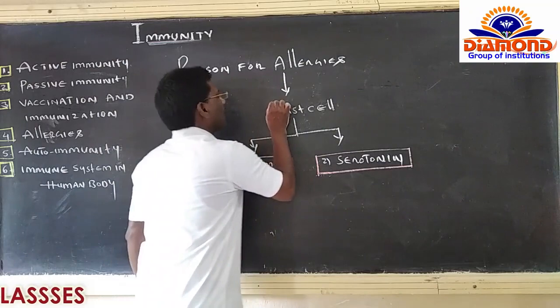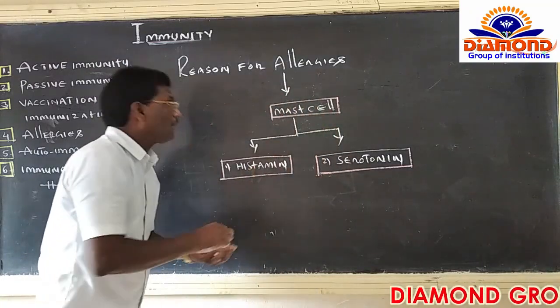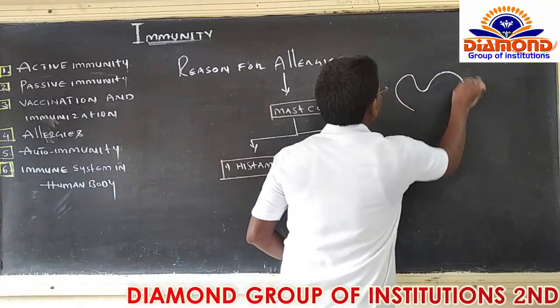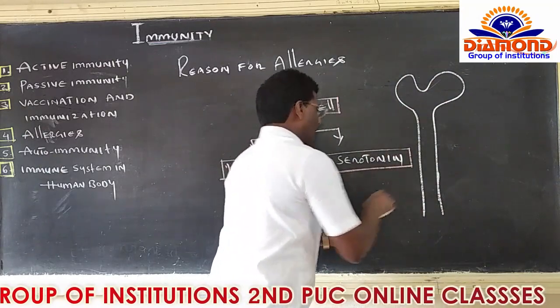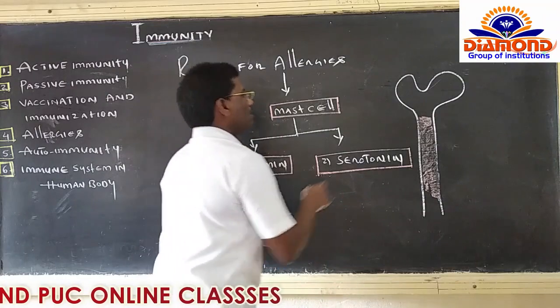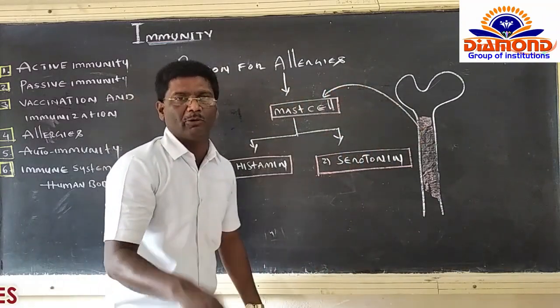After allergens enter our body, mast cells are present there. Actually, what is meant by mast cell? Mast cells are produced inside the bone marrow only. This is bone, and inside the bone marrow there is production of mast cells. Mast cell is one kind of WBC.